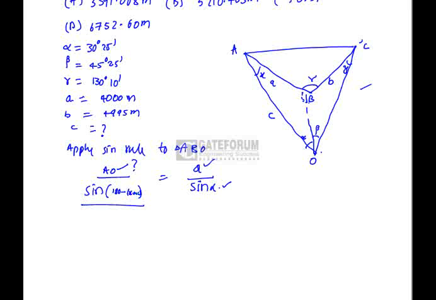So if we find out X, then alpha is known, a is known, everything is known. Only we have to find out X so that we can find out AO. AO is going to be c. So X we have to find out.